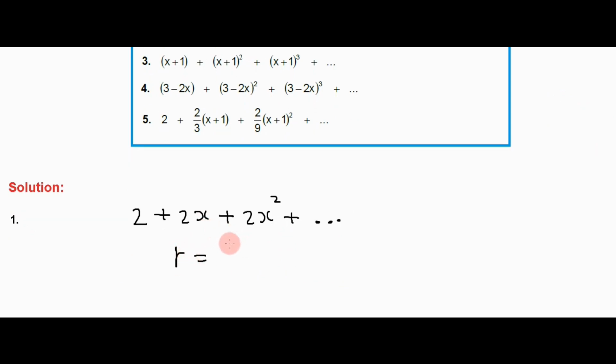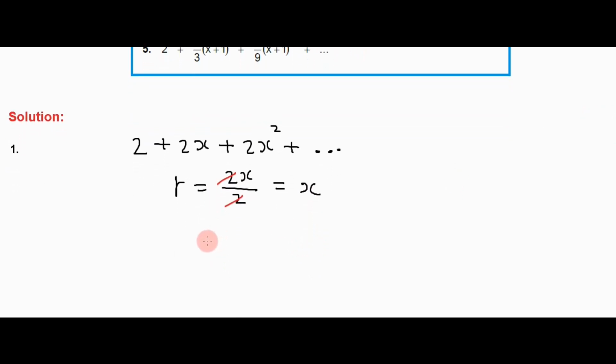And we can do so by taking term 2 divided by term 1. And we find that in this case, r is equal to x. Now, we know that for an infinite geometric series to converge, r must be greater than -1, but less than +1. So this simply means that x is greater than -1, but less than 1.